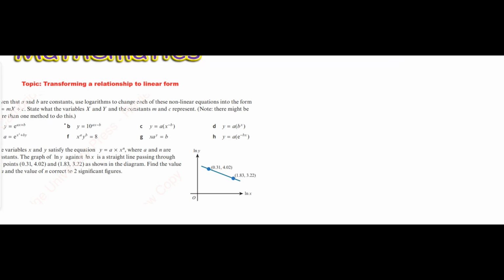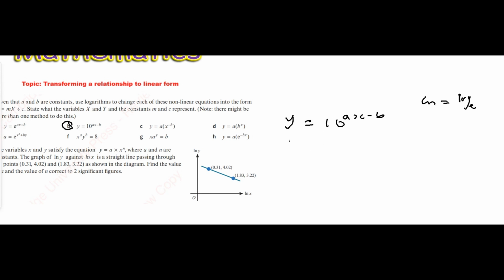For the first question that I want to do, B, I'm given that y is equal to 10 to the power ax minus b. What am I going to do to this question to write it in linear form? I will take log of both sides. I can take ln of both sides. This is log to base e. Whenever you see ln, it's log to base e.